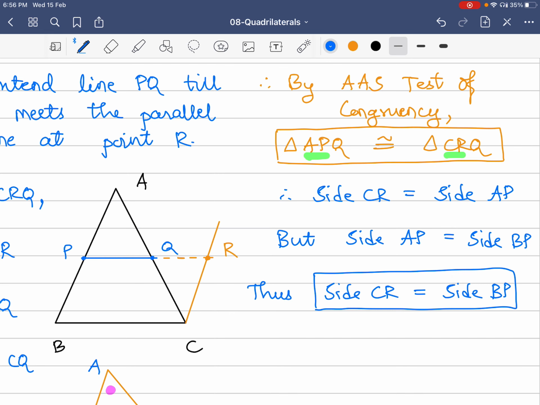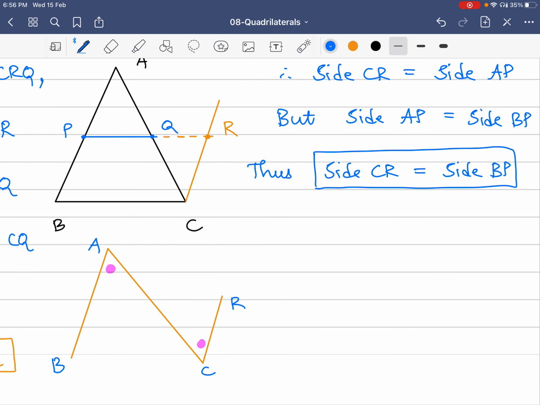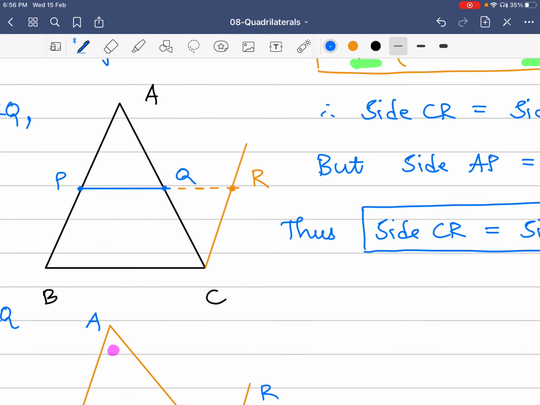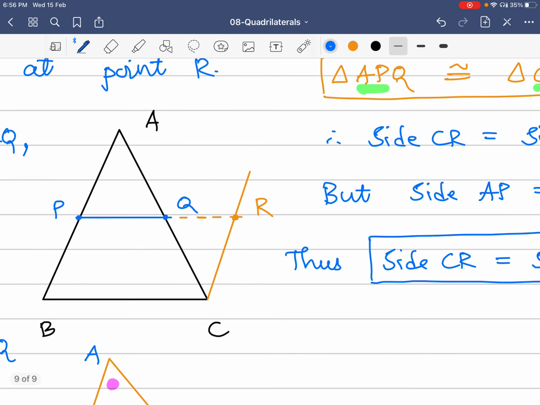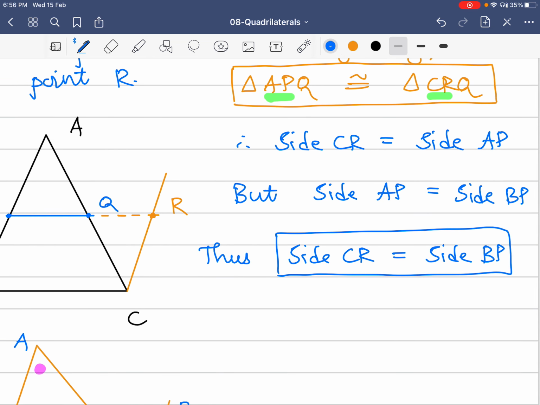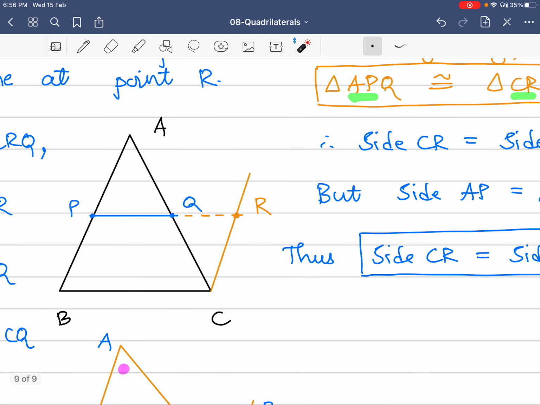Let us revise what we have done so far. Now focus on this quadrilateral. I'm going to use a highlighter once again. So B, C, R and P. Focus on this quadrilateral BCRP.